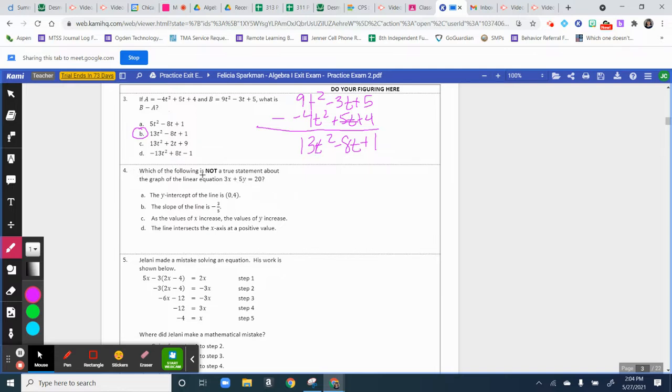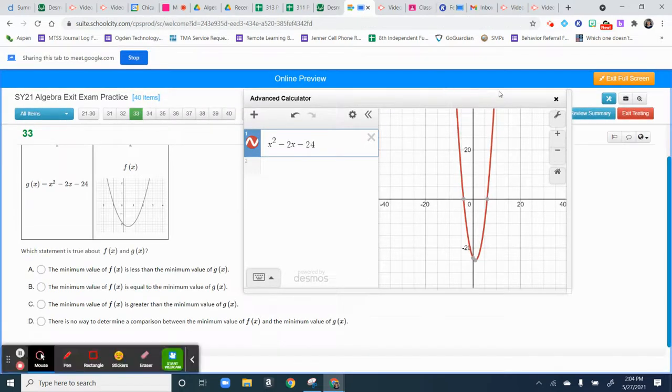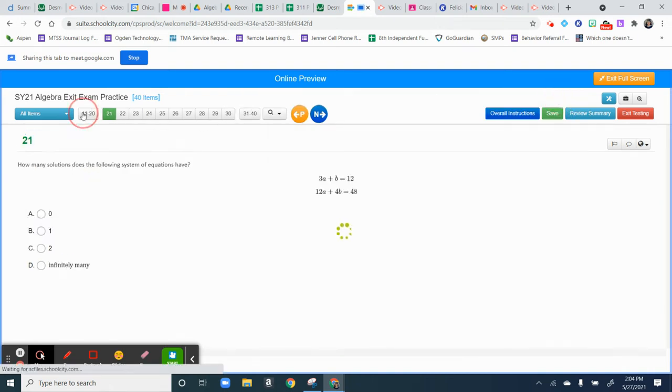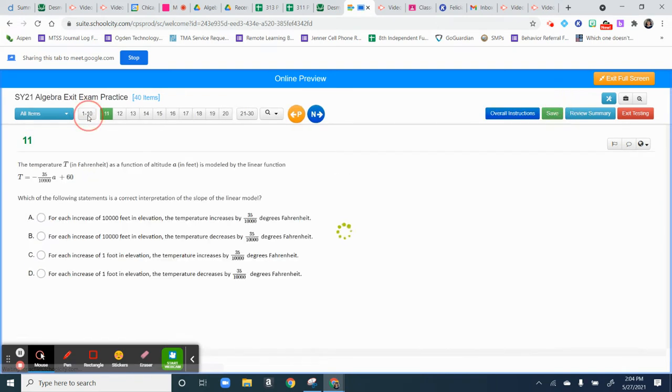All right, for 4, which of the following is not a true statement about the graph of the linear equation 3x plus 5y equals 20? When you have anything that is dealing with a graph, use the graphing calculator. So if I go to the exam, this is your practice test, right?